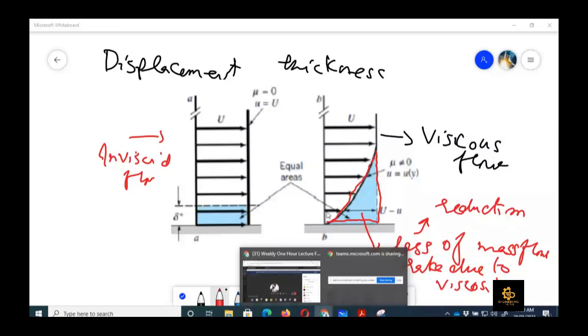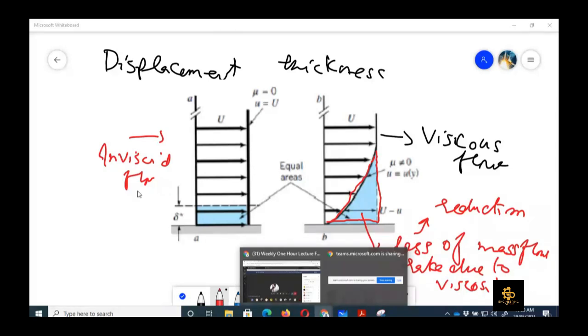So viscous flow would have less mass flow rate in the boundary layer region as compared to the same region if it was inviscid flow, which is outside the boundary layer. It means that there is a reduction of mass flow rate.